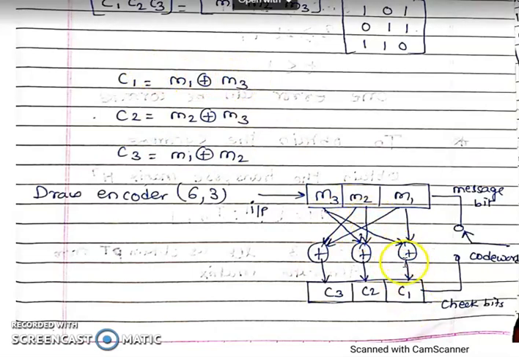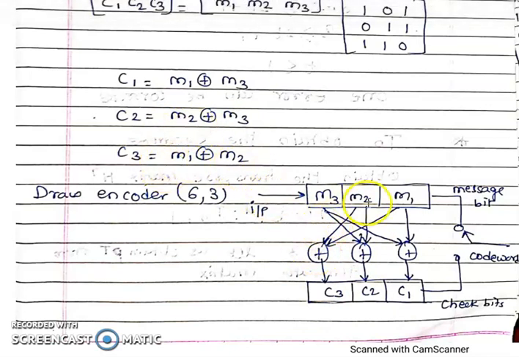Whenever we have the XORing, we just connect M1 and M3, and that gives the generation of C1. C2 will be generated by M2 and M3. Similarly, C3 will have the XORing of M1 and M2.